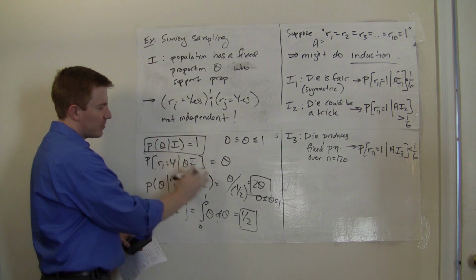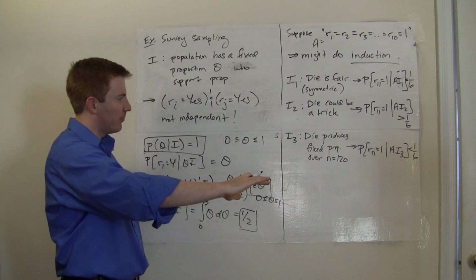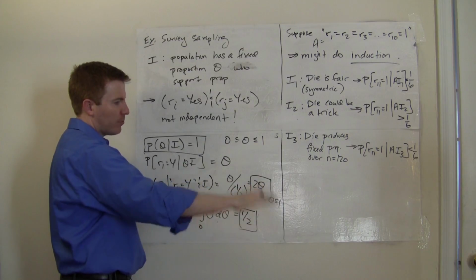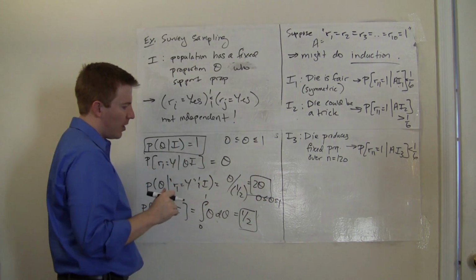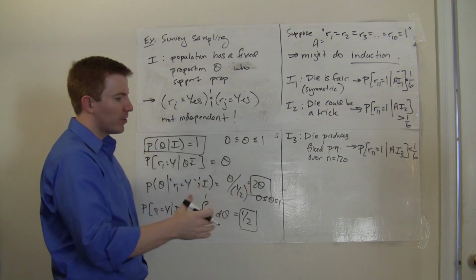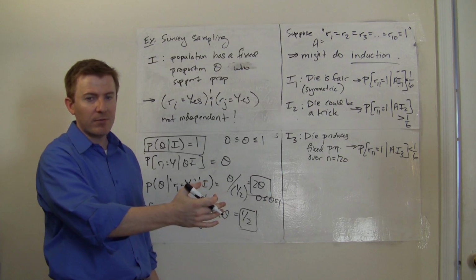Okay, so we start with the uniform distribution. We end up with something kind of weighted more towards the yes end of the spectrum, so with higher probability kind of for values closer to 1. And then that would affect our forward-looking probabilities about, say, the next person giving us a yes vote.